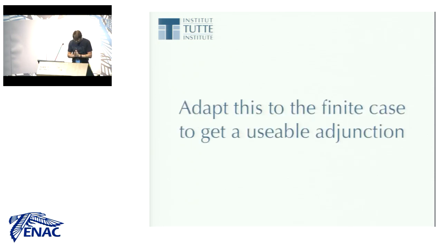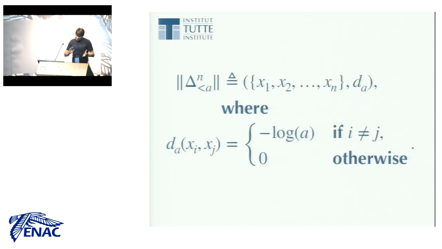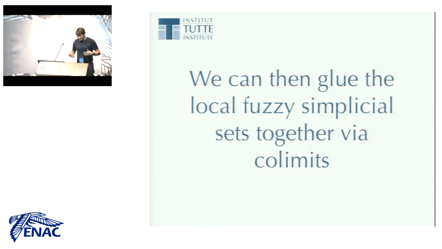Okay, so we can adapt that to the finite case that we have and get a usable adjunction of functors there. It's not especially tricky formula here. The details of this are not that important, but what it means is that we can then glue all these local fuzzy simplicial sets together using colimits.